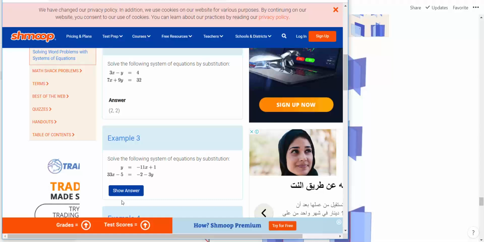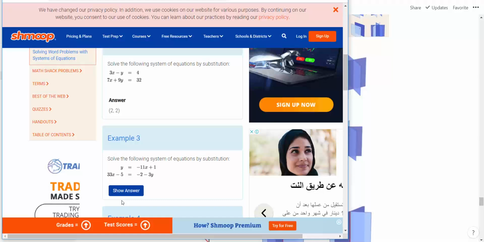And then we substitute the y, so we have 33x equals 3 minus 3 multiplied by negative 11x plus 1, right? If we multiply the 3 within the bracket, we have 3 minus 3 is plus 33x plus 1, which equals 33x.